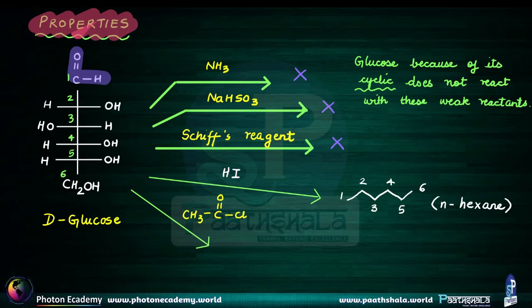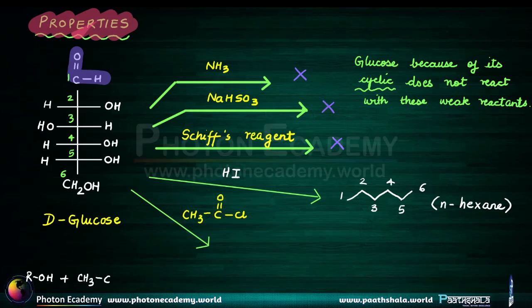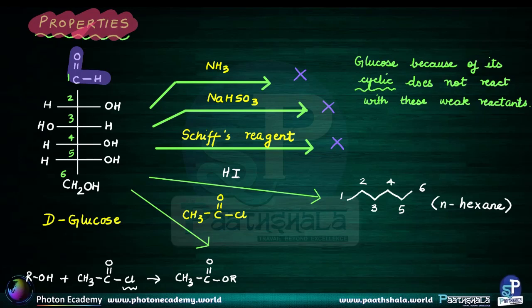Suppose we have an alcohol, ROH. Whenever it reacts with acetyl chloride, CH3COCl, this gives us CH3COOR. So it is removing the Cl from this particular area and giving us HCl.